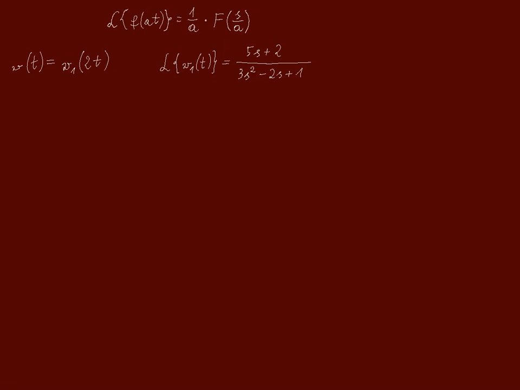According to the formula, in each place where a complex variable s appears, we must write s divided by 2, as well as 1/2 in front of the whole expression.